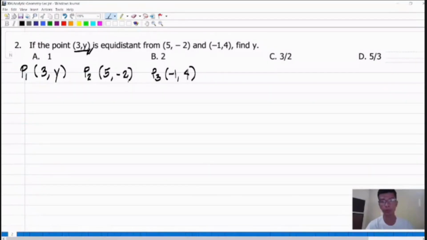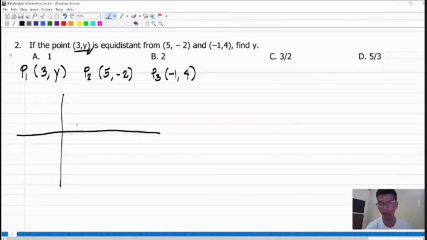So, paano natin i-analyze itong problem ito? Siguro para maging mas maintindihan natin, let us first plot the points number 2 and 3 dahil kompleto yung coordinates nila. Yung pangalawang point, si point number 2, ang coordinates niya is 5 and negative 2. 1, 2, 3, 4, 5 units para sa x-axis, and then 2 units naman pababa para sa ating y-coordinate.